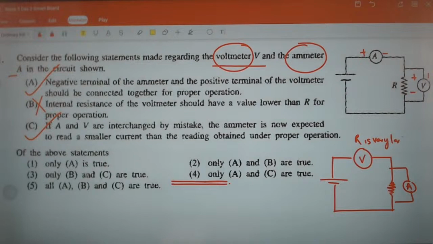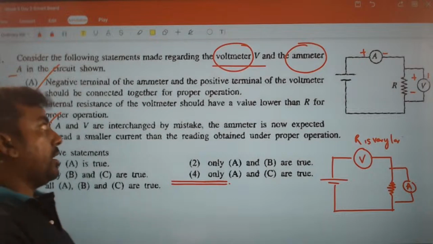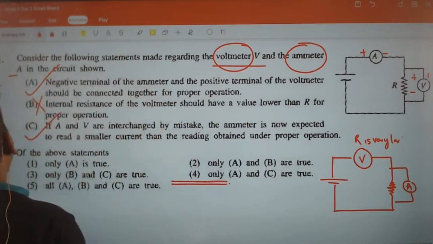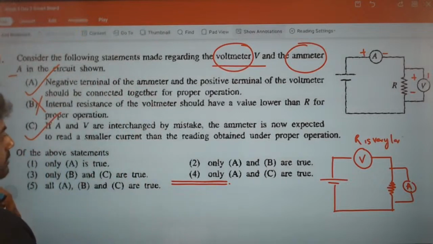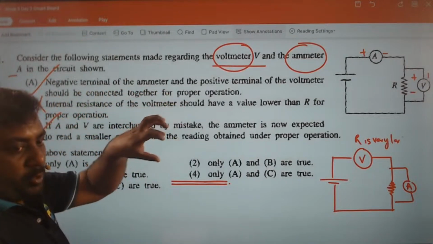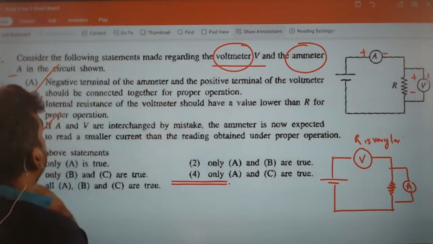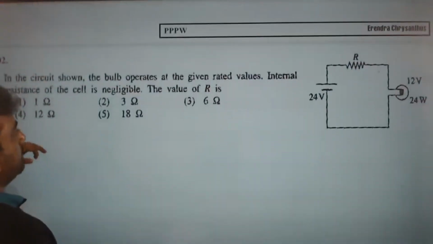Therefore, the current through the circuit will be small and ammeter reading will be small. Right? So clearly, I have told you those points, you must remember. Okay? Those points you must remember.